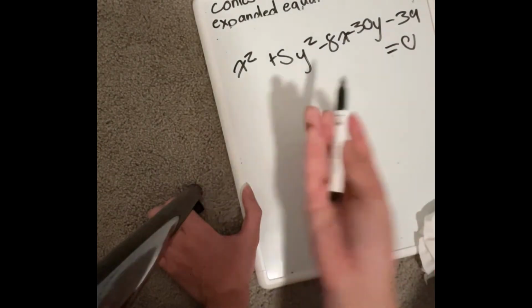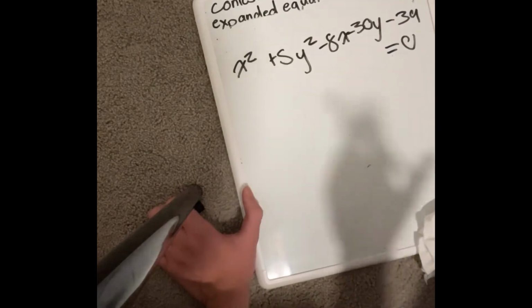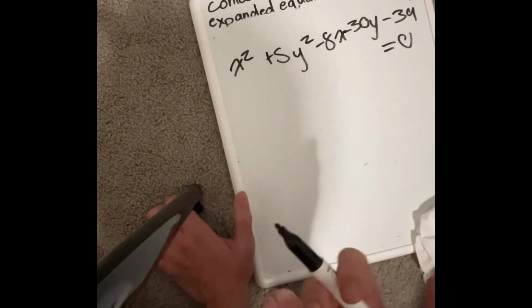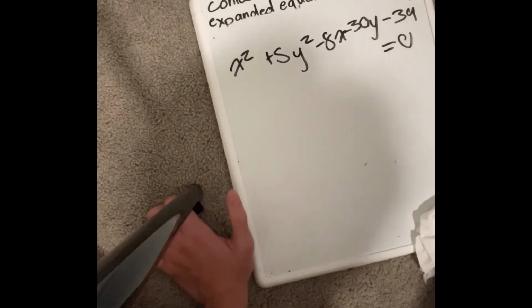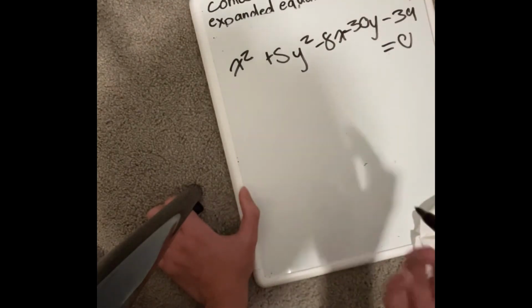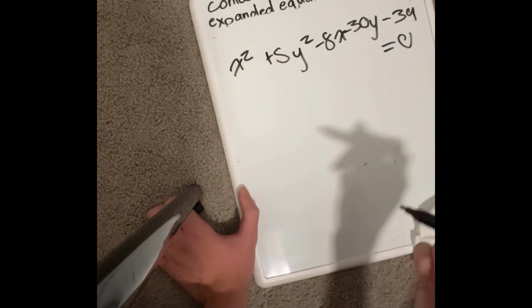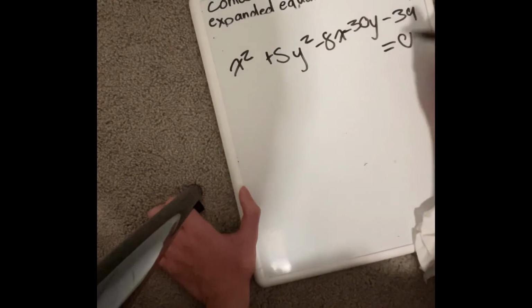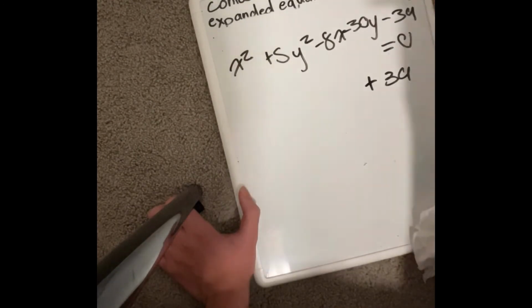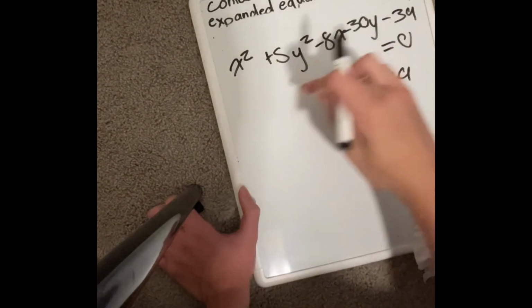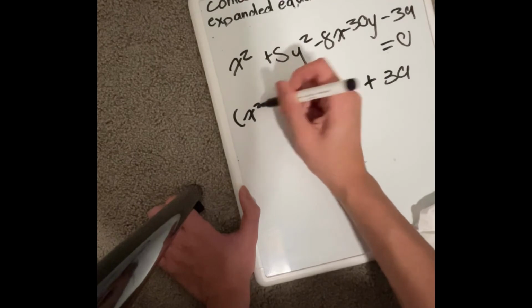As I said before, this is the exact form from the definition, even though the dictionary definition called it standard form. Then I add 39 to both sides so we can complete the square with both x and y.